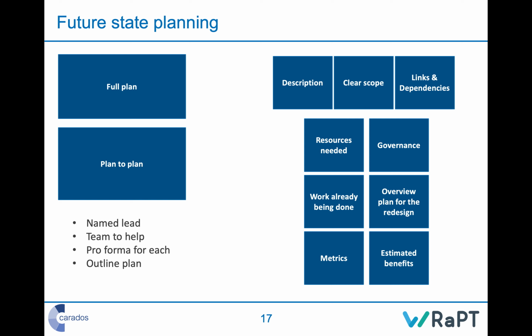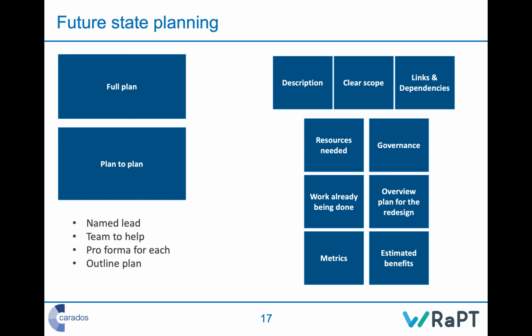But at least you've got a plan to get to a plan in that particular case, which I think is useful. It's useful because you can wave it at people who are saying, where's your plan? But you can also use it as a way of engaging activity, and it's the sort of edges of the jigsaw which you can steadily fill in as people complete their projects. So different types of plan that you have there.